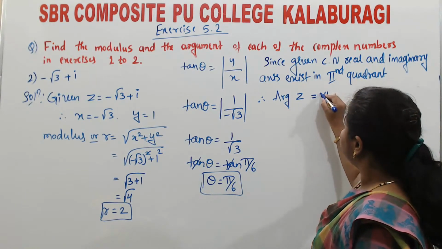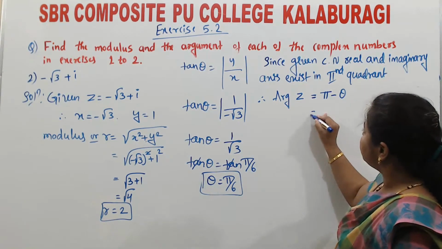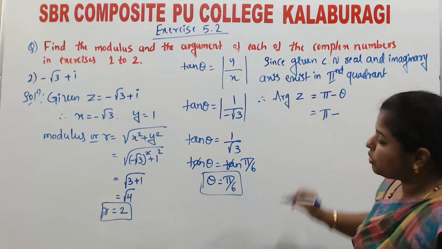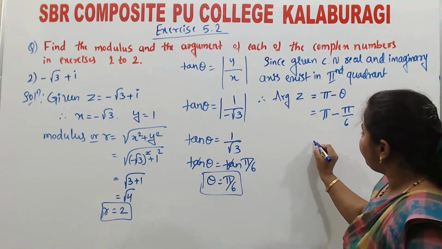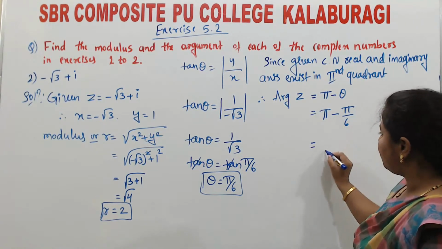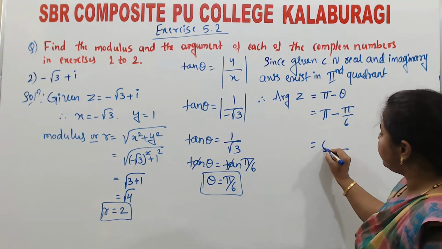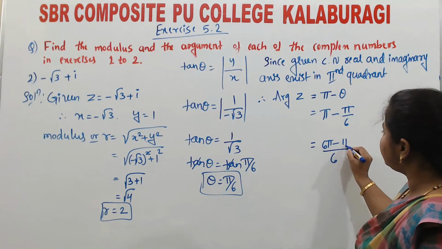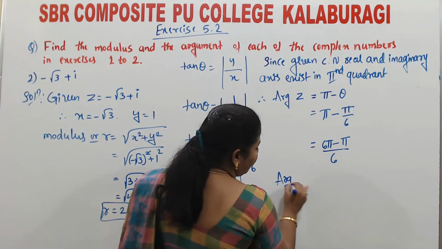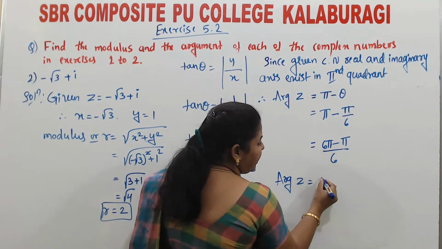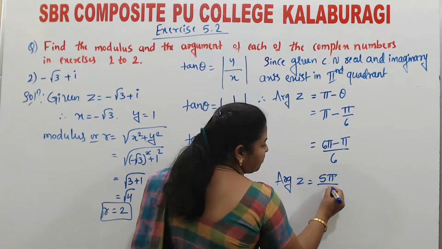Argument of z is pi minus theta, which is equal to pi minus, what is the value of theta? Theta is pi by 6. Therefore argument of z is equal to, taking LCM 6, it becomes 6 pi minus pi, which is 5 pi by 6.